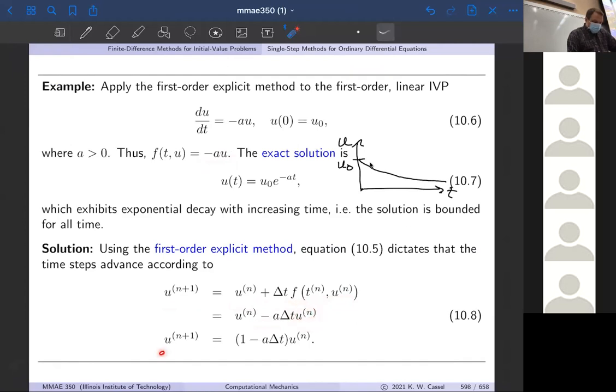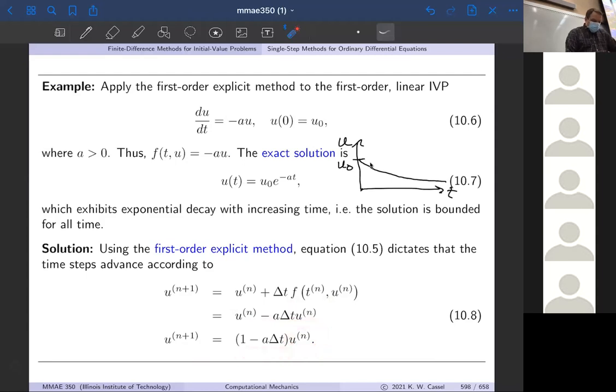Once again, there's only one unknown on the left, and everything on the right is known. Here I've collected the terms together. There's a un in both terms, so I factor that out, giving 1 minus a delta t, remembering that a is positive, all times un.